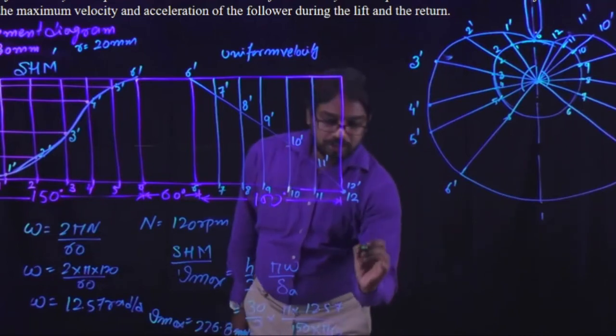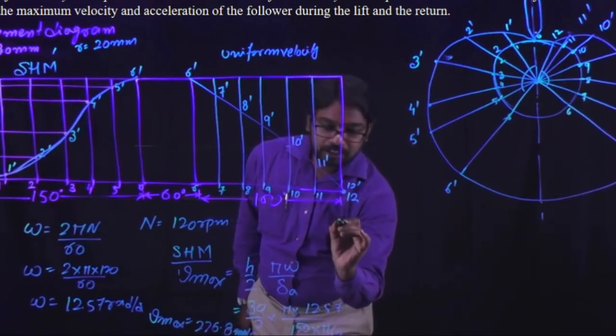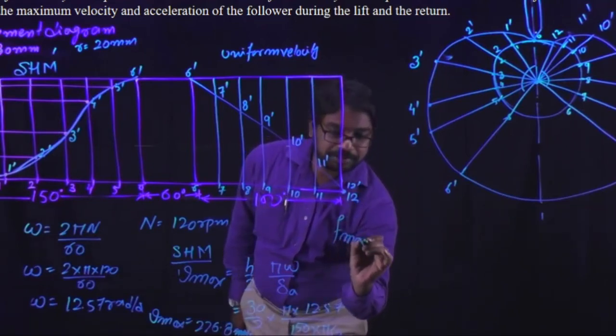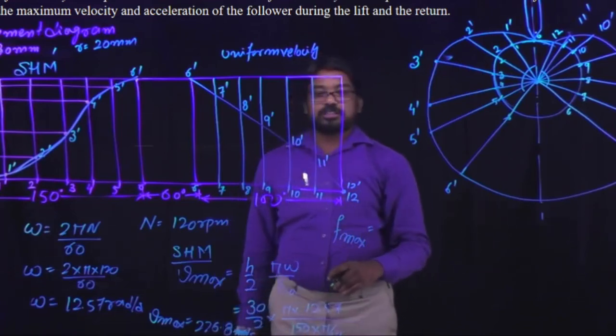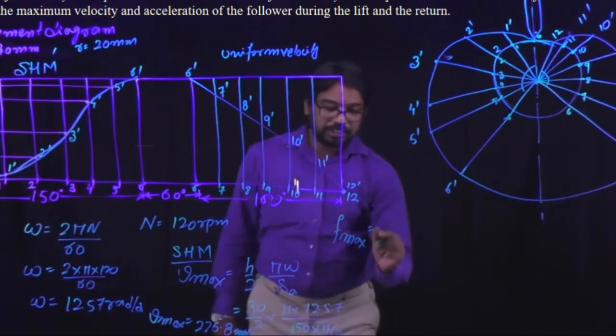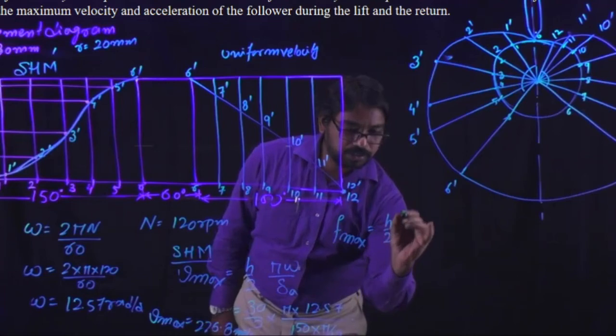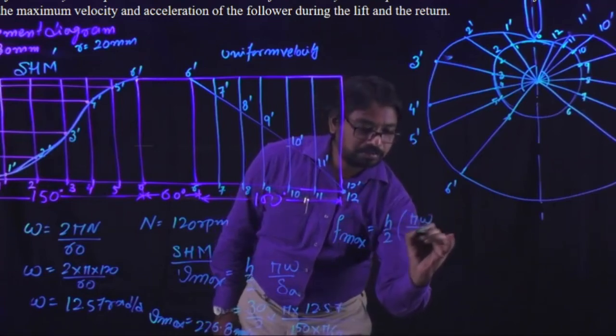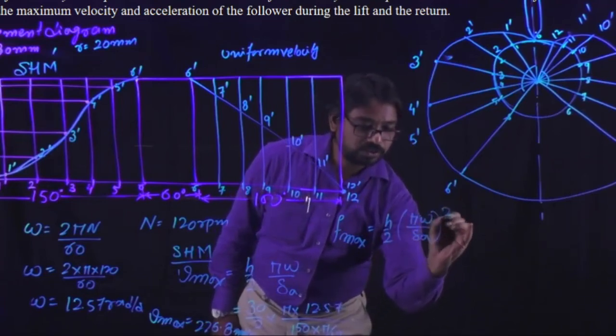Similarly, when finding F max, the maximum acceleration for this part, we have already derived it. It is h by 2 times pi omega by delta A, whole square.